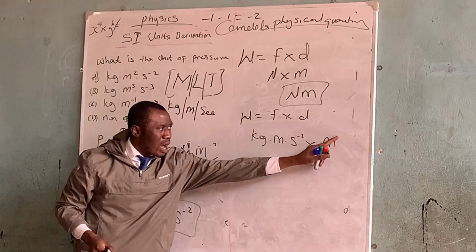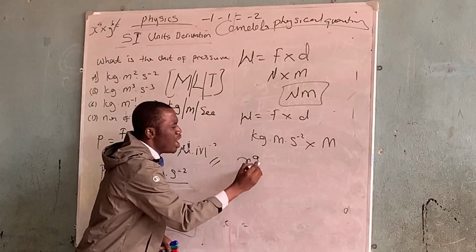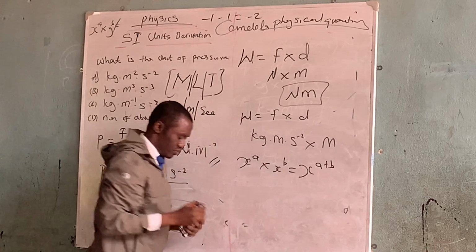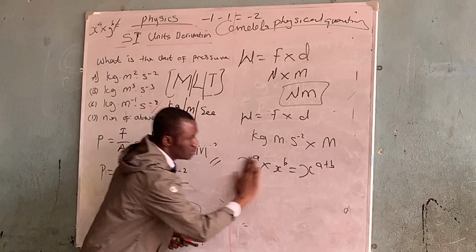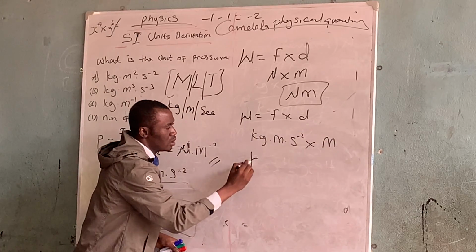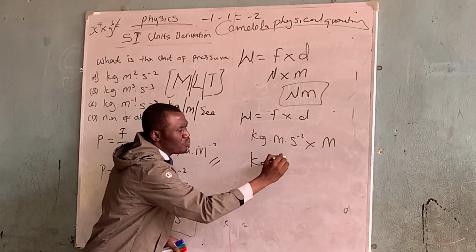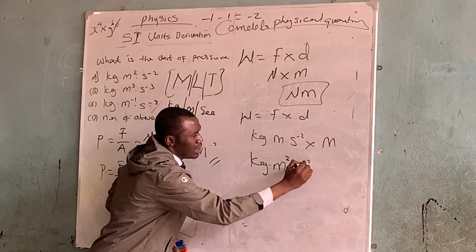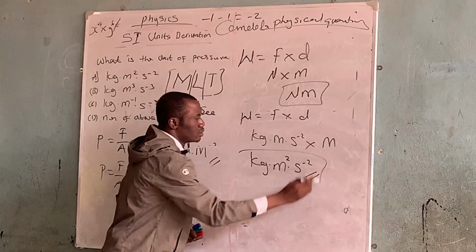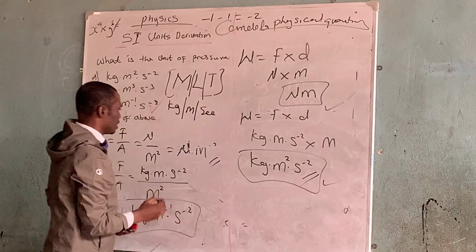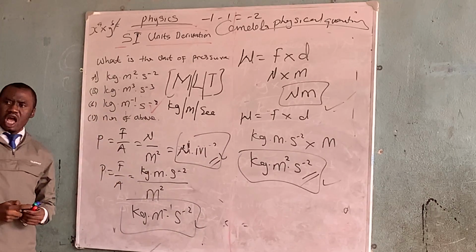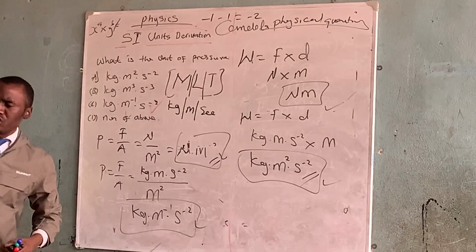When I have x to the power of a times x to the power of b, that equals x to the power of a plus b. You still remember that? So 1 plus 1 gives x to the power of 2, times seconds to the power of minus 2. So this is the unit for work done. This one is correct. This one is also correct. Are you following? Yes.